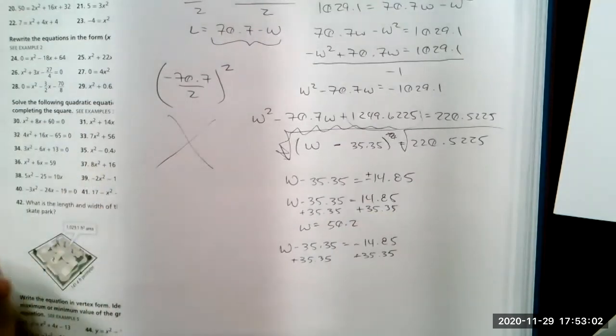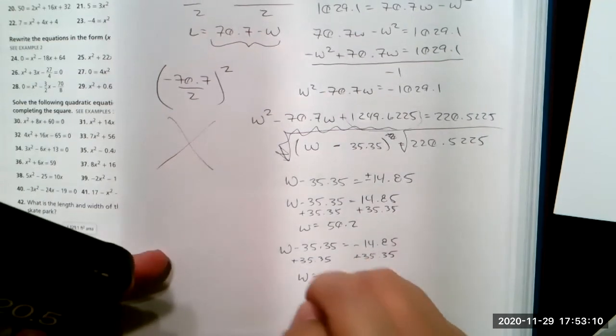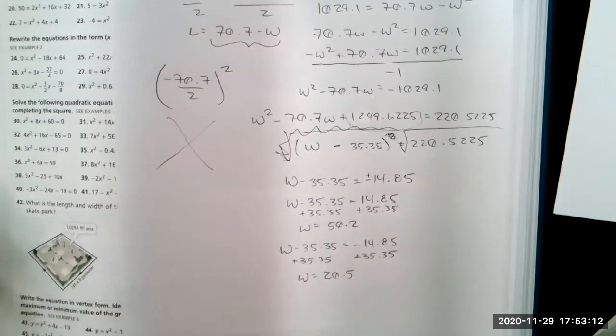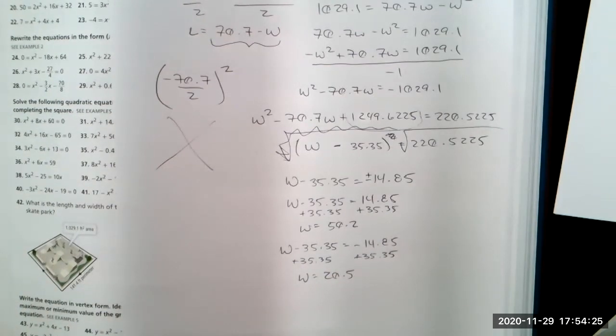And then over here, it's going to be 35.35 minus 14.85, 20.5. All right. So there are our two values of W. And then length and width are 50.2 and 20.5.